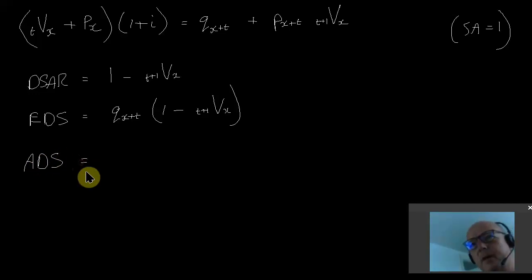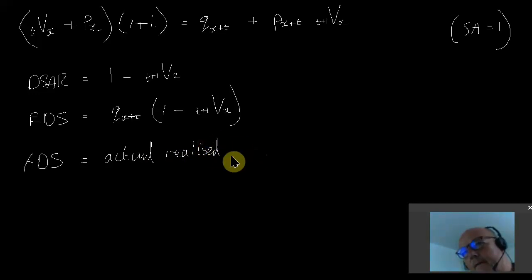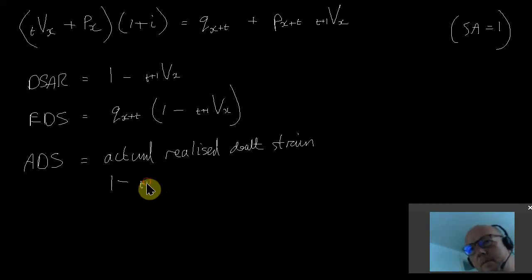The actual death strain is the actual number of deaths that occur in the sample. It's the actual realized death strain. In this case, it's either going to be 1 minus _{t+1}V if there's a death, or 0 if there's not a death.